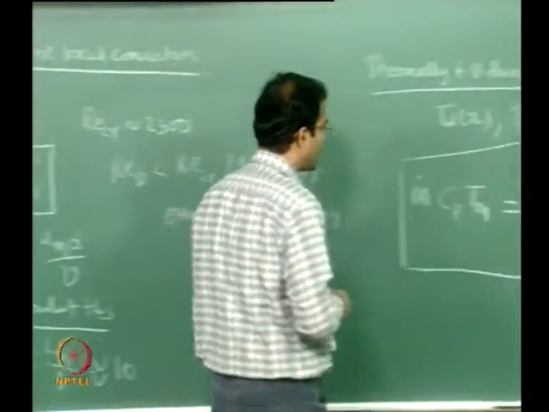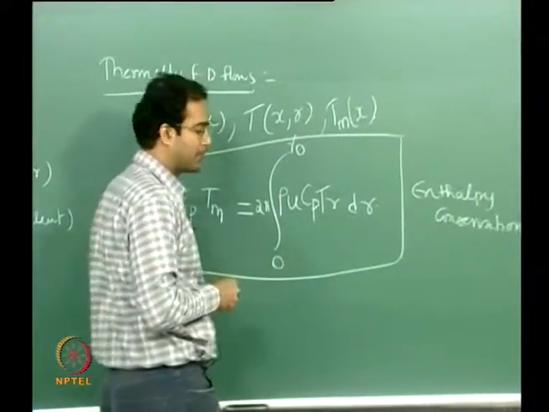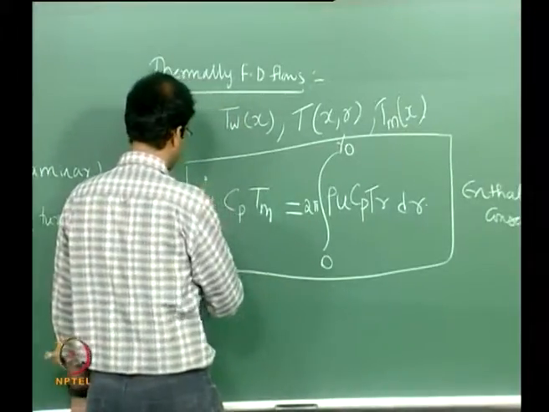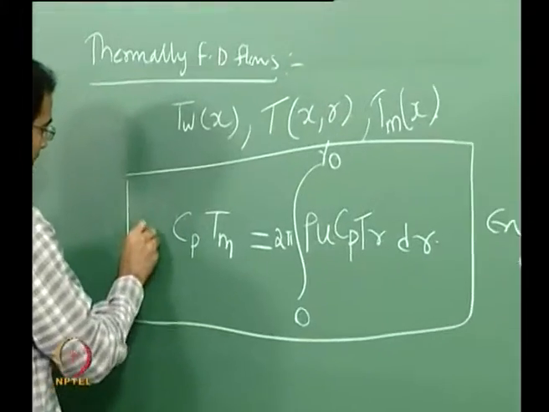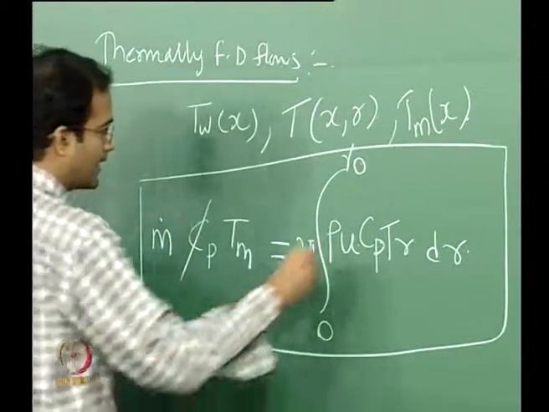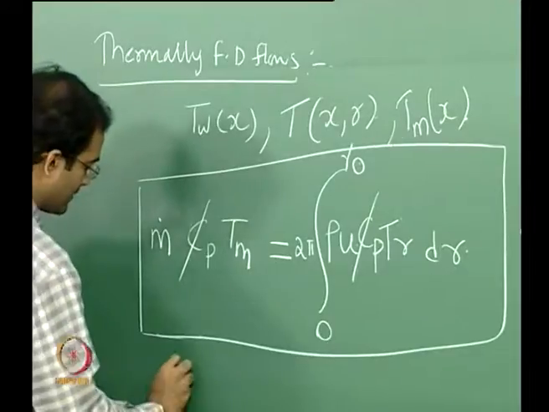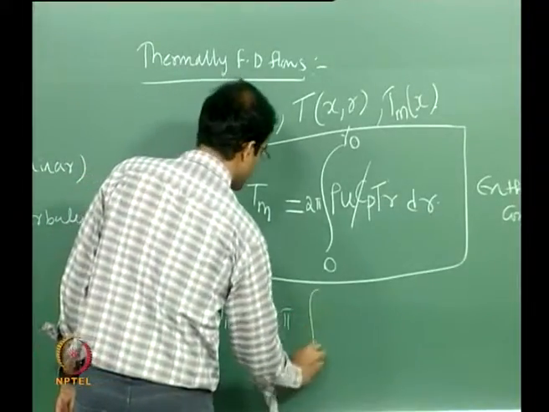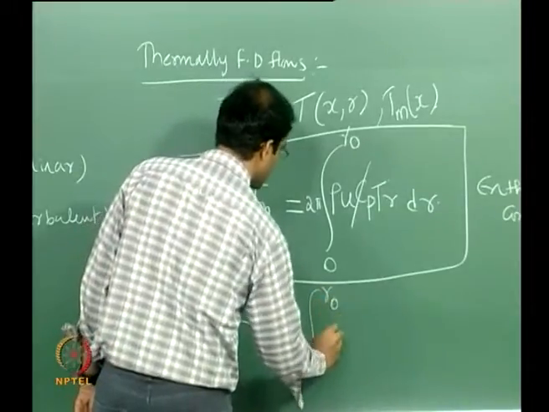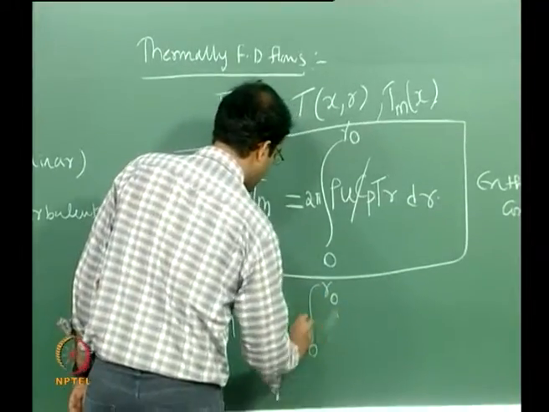So therefore, for an incompressible flow with constant property, let me just write it right now. I can knock off this, and my Tm will be 2 pi integral 0 to R naught. I can take my rho out.